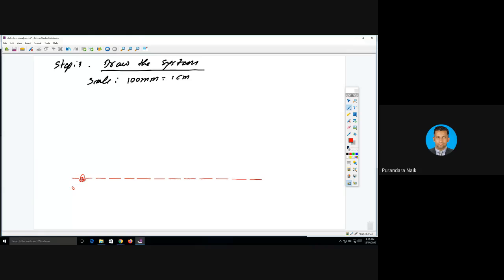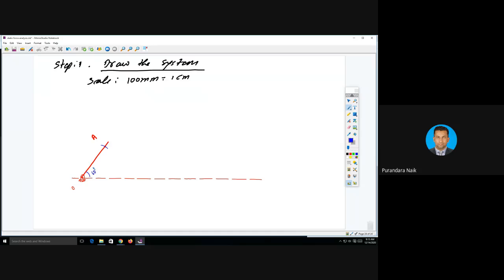So I will take a 60 degree line. Later, I'll cut it to 2.5 centimeter length. It will be somewhere here. Okay, this is A. I cut the length to point A. The angle is 60 degree.